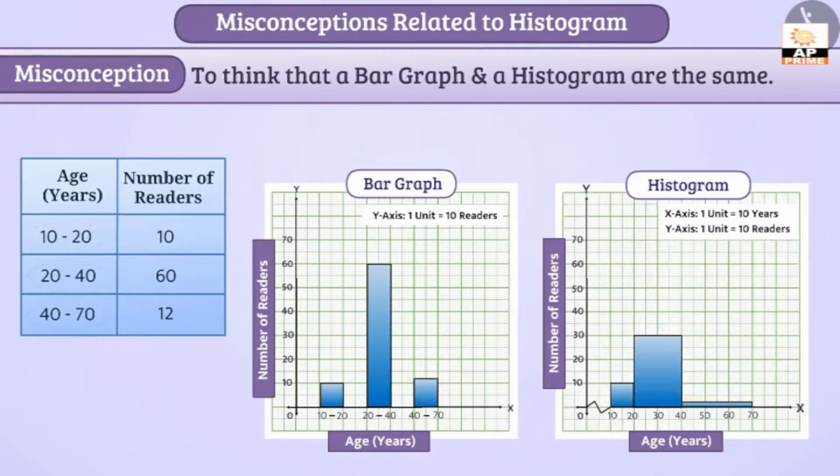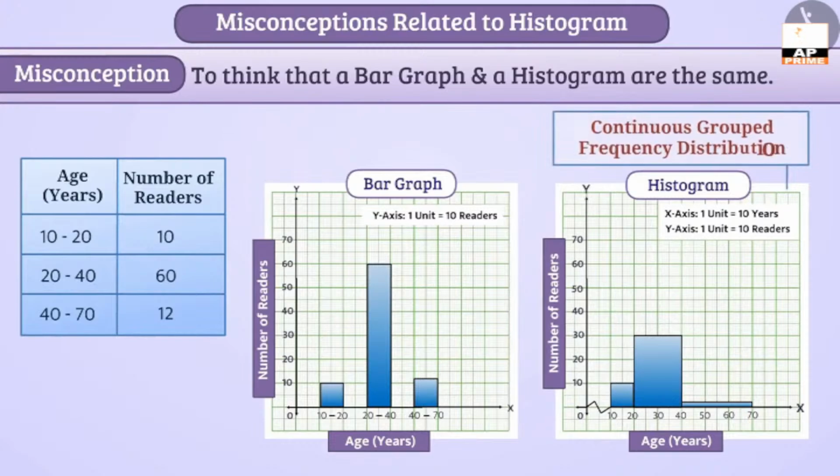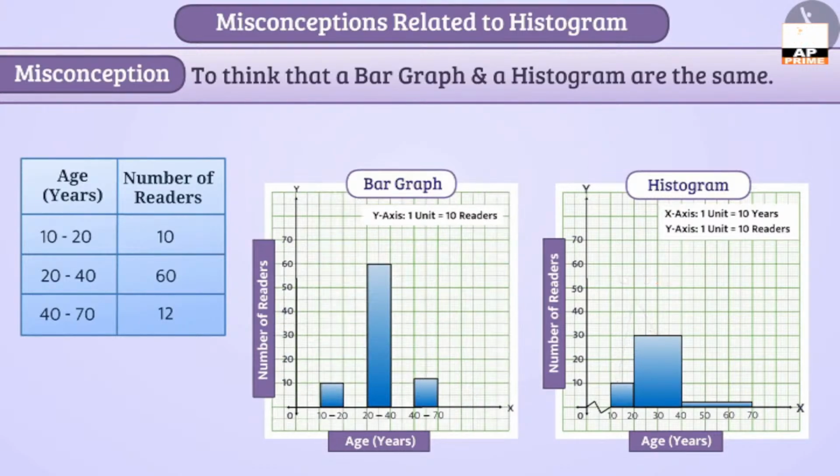Histograms are created for continuous grouped frequency distribution, so there is no gap between rectangles. Bar graphs are drawn to compare different categories, while histograms are drawn to understand the distribution of data. For example, in this bar graph, all three age groups are taken as one category each.